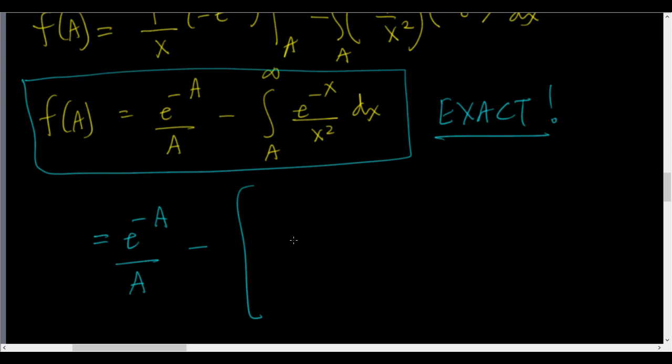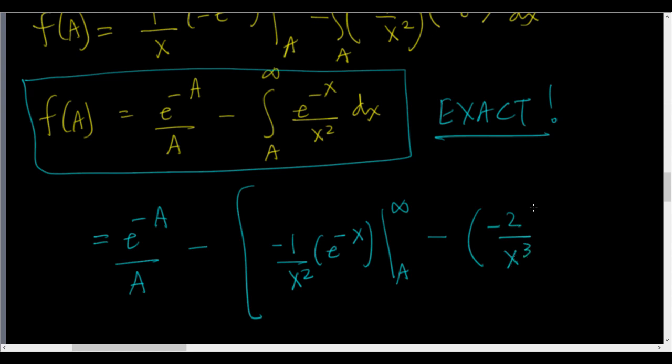So I have 1 over x square e to the power minus x with a minus sign, a to infinity, then a minus, and then 1 over x square, the derivative of that is minus 2 over x cube, and minus e to the power minus x dx, a to infinity.